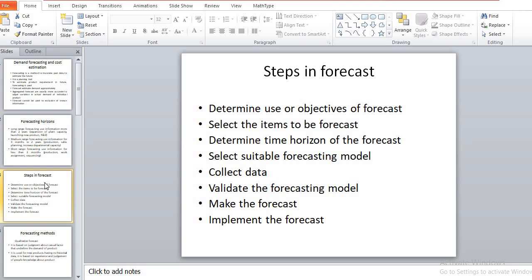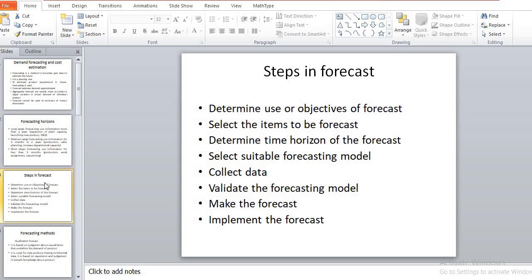The next step is to select a suitable forecasting model. The suitability of that particular model is checked for the forecast of that particular product, and each model has different accuracy.